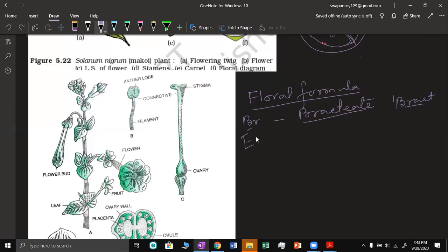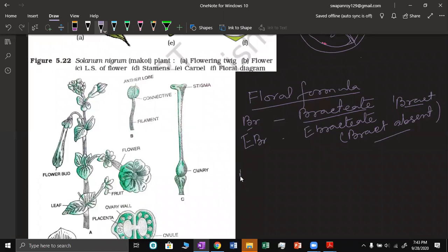EBR is written for ebracteate. Ebracteate means bract absent. So this is one character.